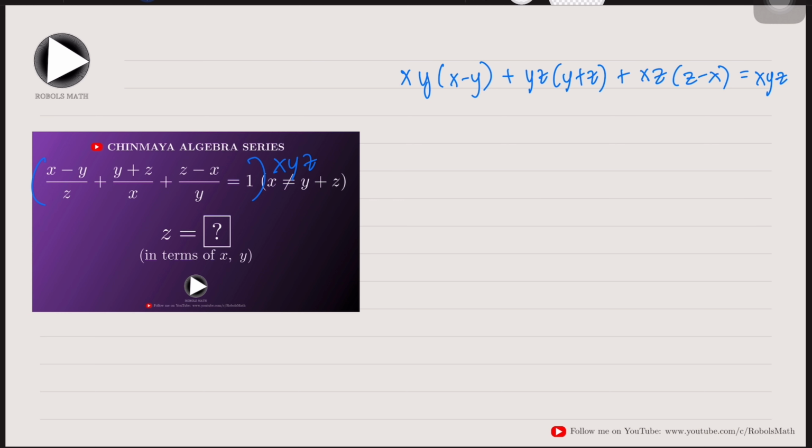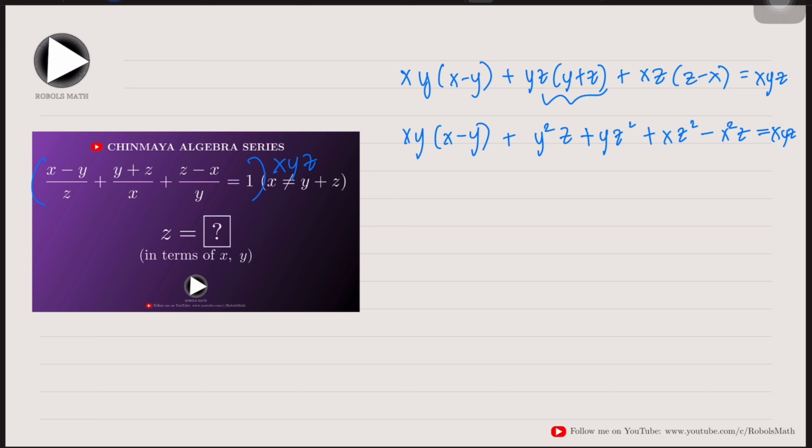We do that by expanding these terms here. We maintain the first term as it is, and then for the second one, we get y squared z plus yz squared plus xz squared minus x squared z is equal to xyz.